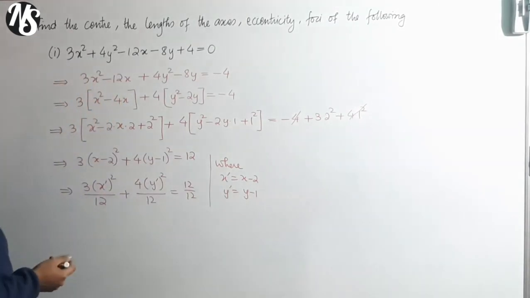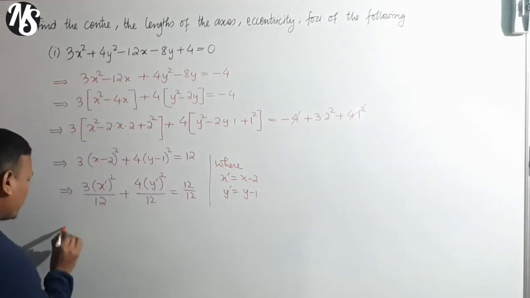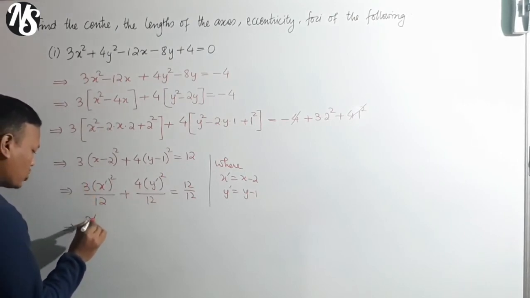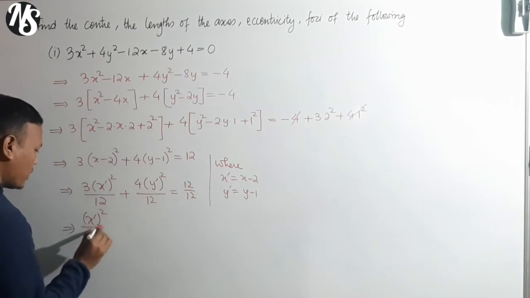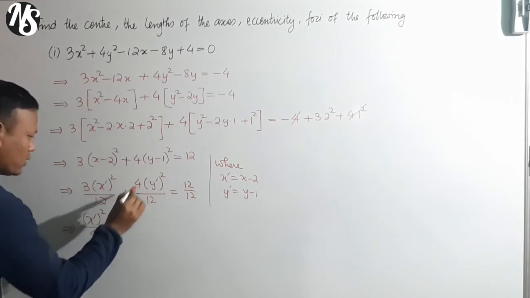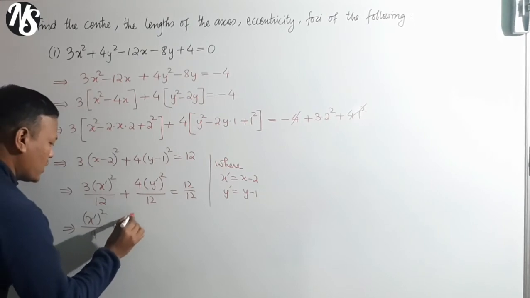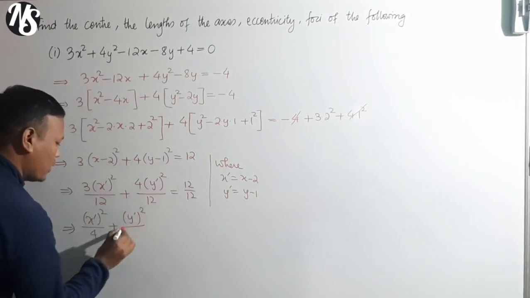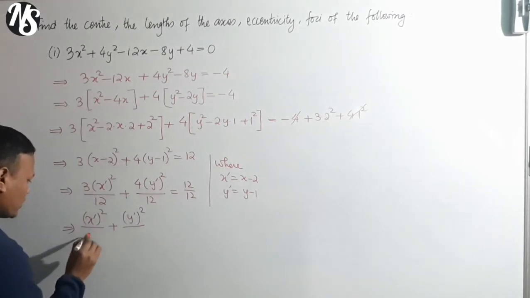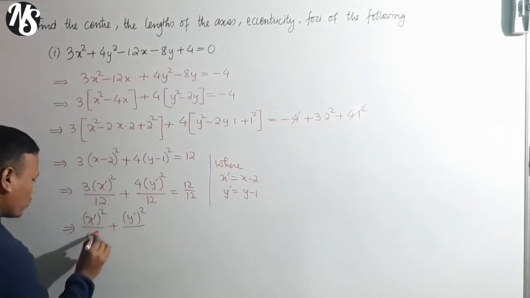Now we are ready to write this in standard form. So this becomes x dash square by, how much is this? This is 4 plus y dash square by 3, isn't it? So can I write this 4 as 2 square?